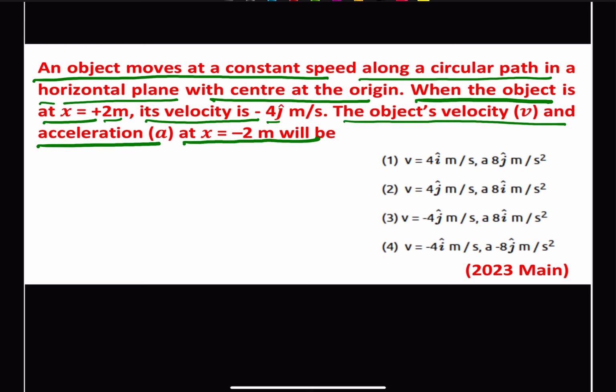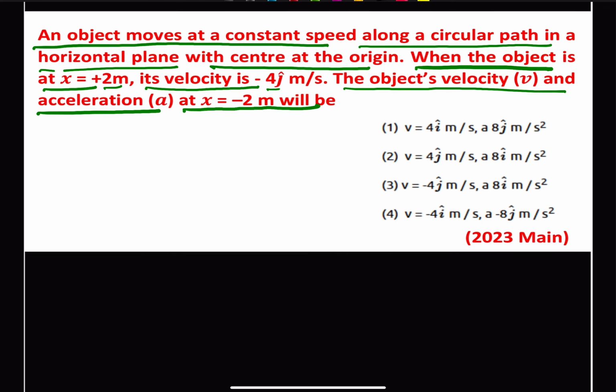So it is given that it is moving in a circular path with its center at the origin.